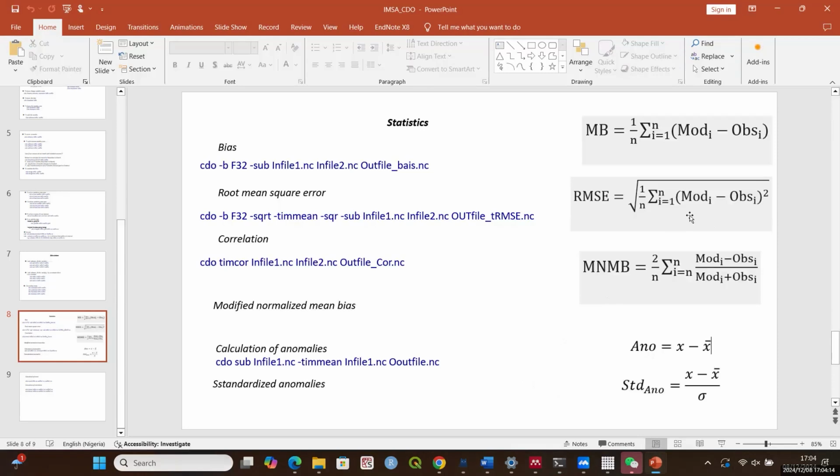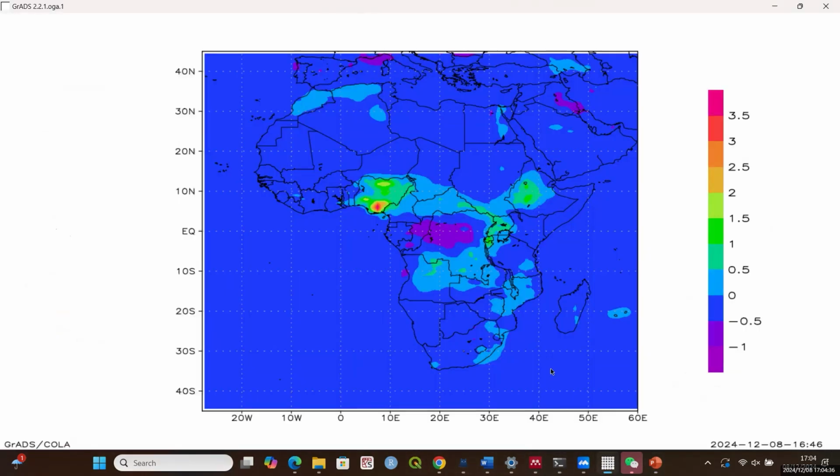Does anyone know what root mean square error means? What does it show? For example, you see here in this file, we are saying the model is underestimating here, and the model is overestimating here.